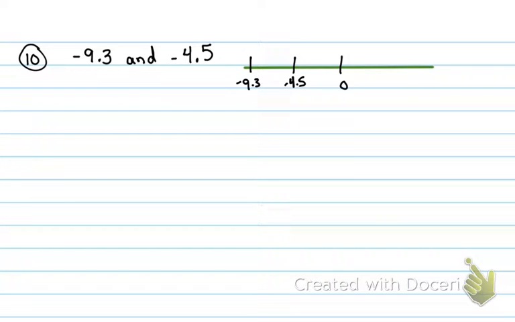So my rule says when they're on the same side of 0, I will subtract their absolute values. That will give me the distance between these two values if I subtract them. So remember, the larger absolute value on top, minus 4.5. Okay, we're going to have to do a little bit of borrowing. And I got 4.8.